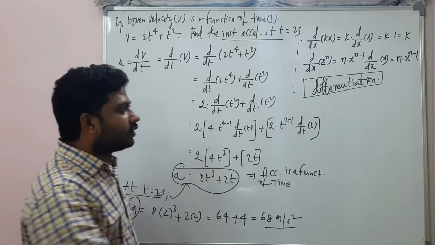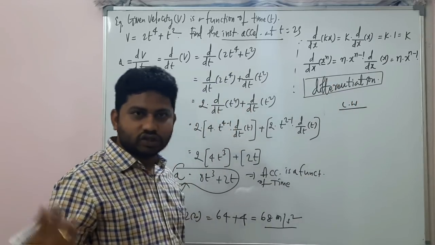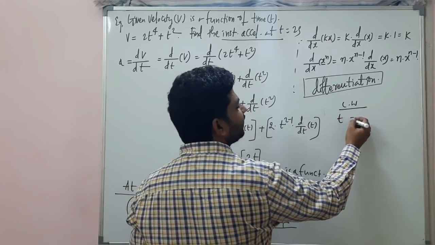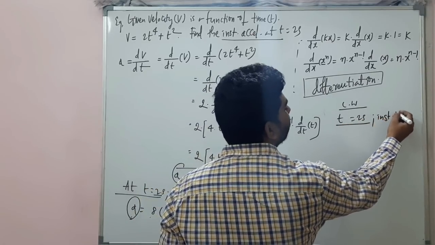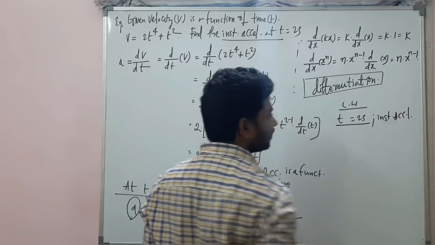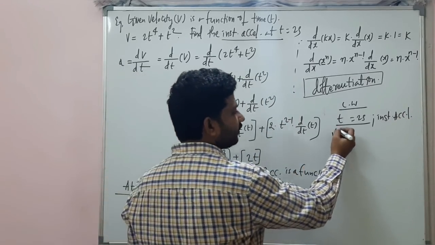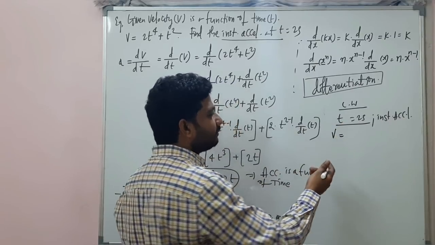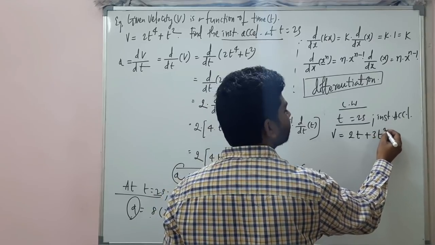And before that, some class work questions I'm just giving you here. You start solving. Find the instantaneous acceleration at t is equal to 2 seconds only. Okay, so given velocity is a function of time in this way: velocity is 2t plus 3t square.